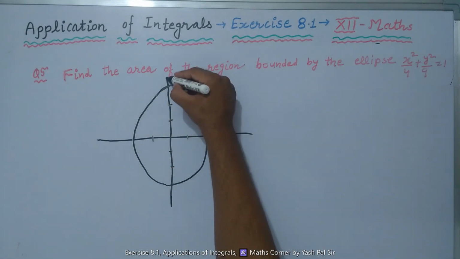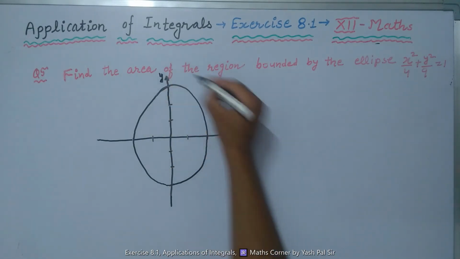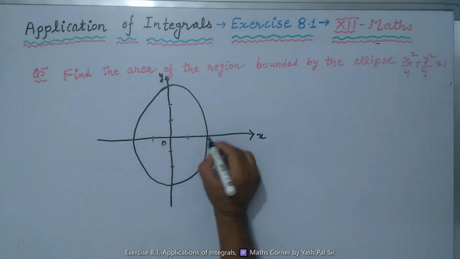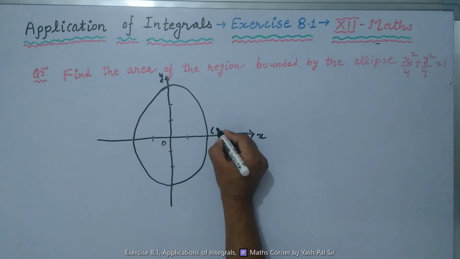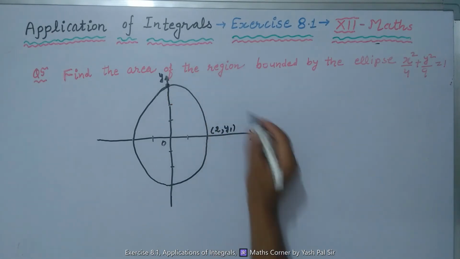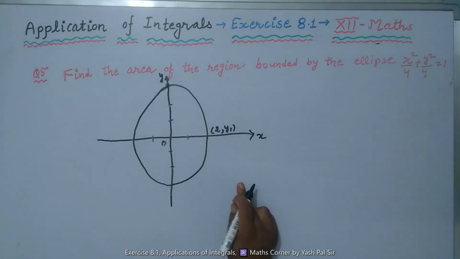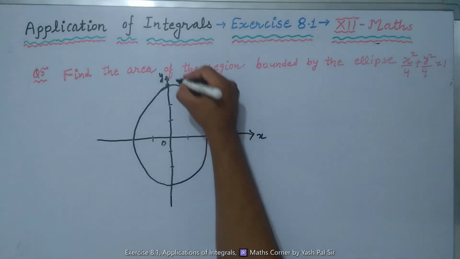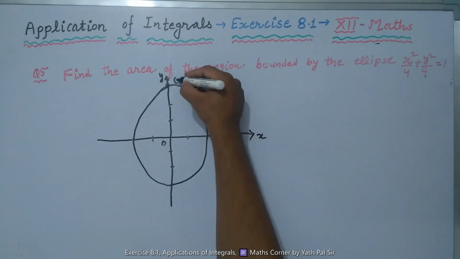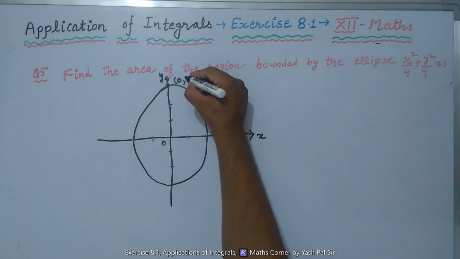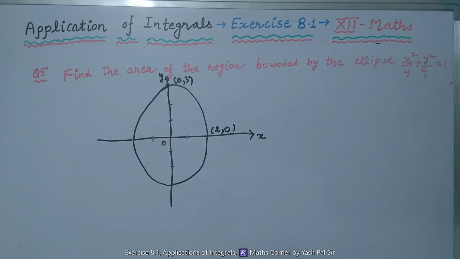like this. We have the ellipse, y-axis, x-axis, origin O. The coordinates of this are 2, 0, and here x is 0, y is 3. So what is the question?